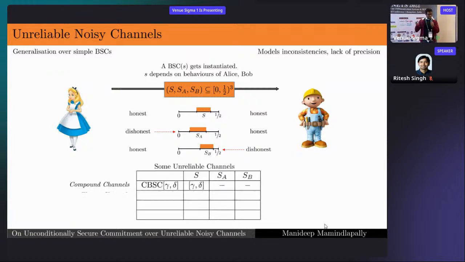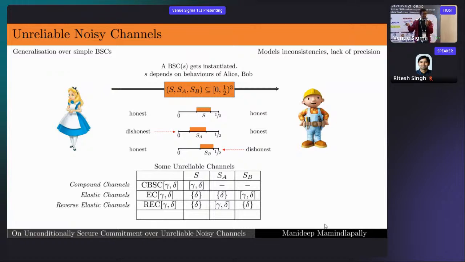Now, using this model, we could look at some unreliable channel models. Here are four such unreliable channel models that have been studied earlier, and some which have been part of our work. First is a compound channel. It models a form of unreliability called compoundness. Then we have elastic channels. They model these elastic channels and reverse elastic channels.